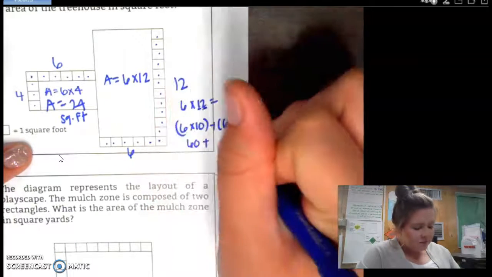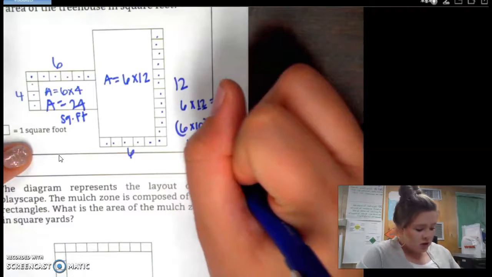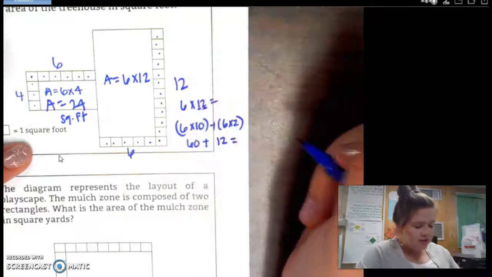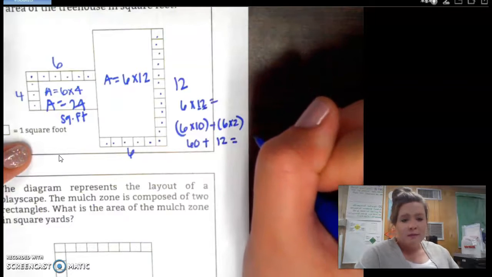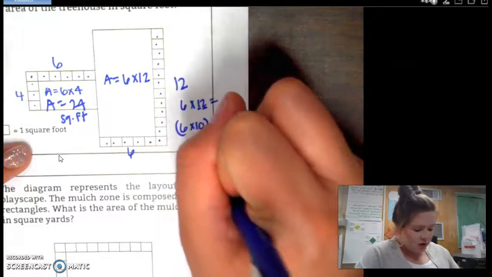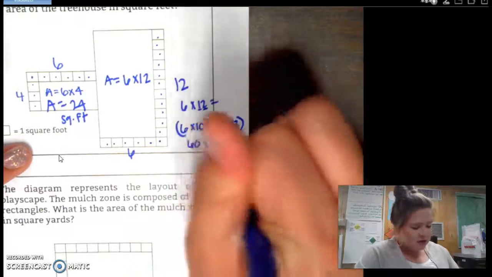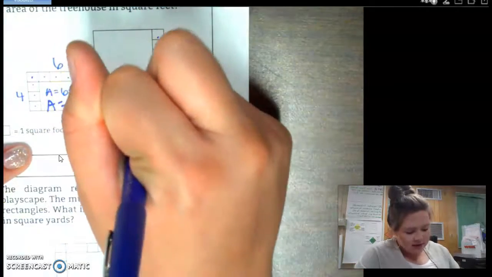Awesome. 6 times 2 is 12, which equals 60 plus 12 equals, who can do that in their head? 72 square feet. Awesome. So now I know that this area equals 72 square feet.